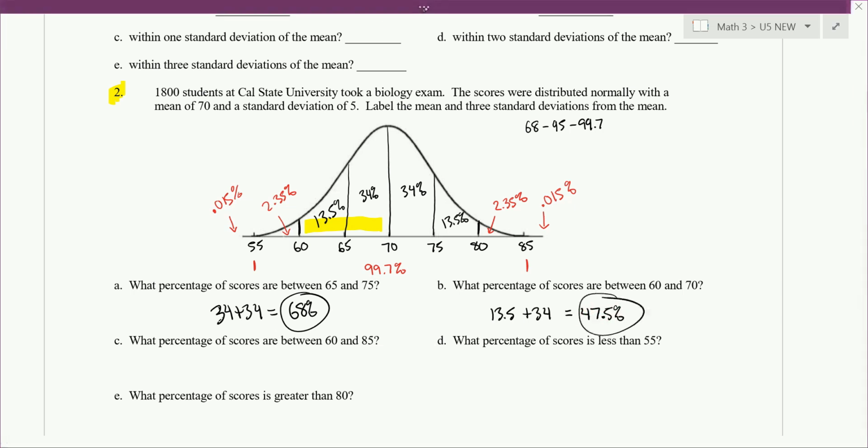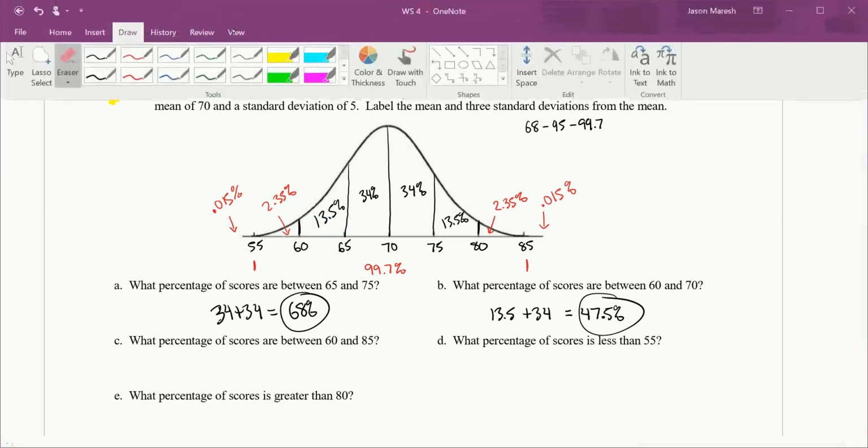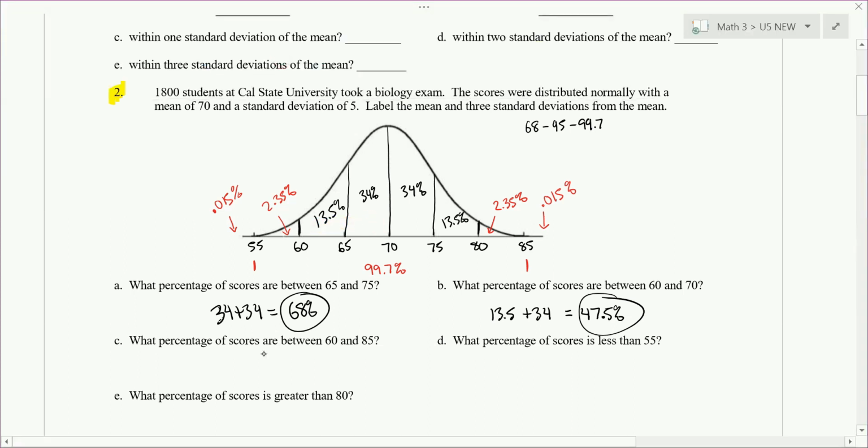Next, what percentage of scores are between 60 and 85? So 60 to 85. So you just add up what's there.